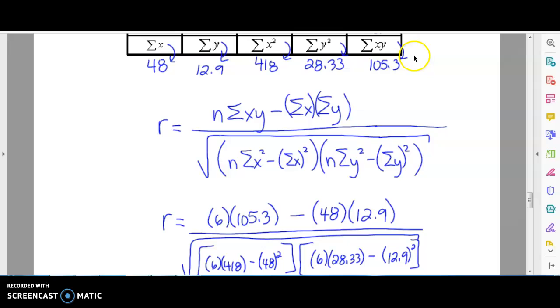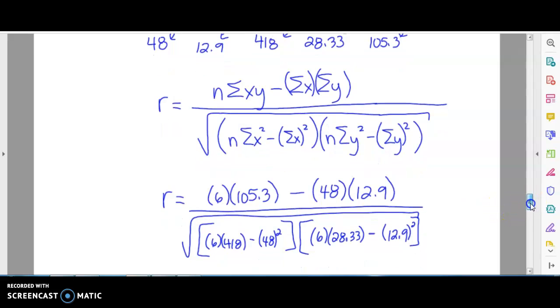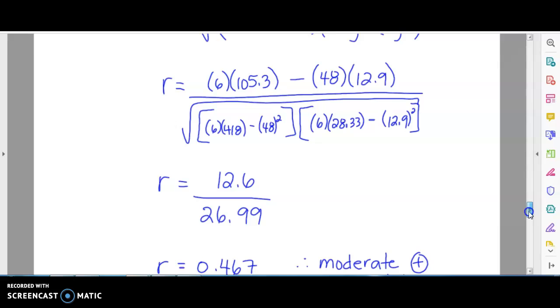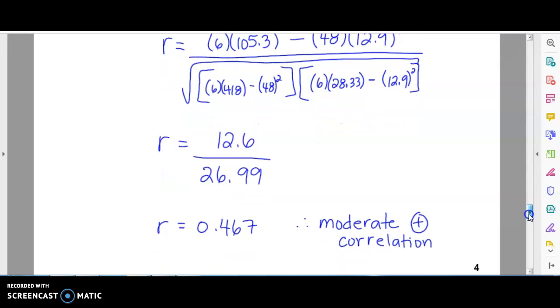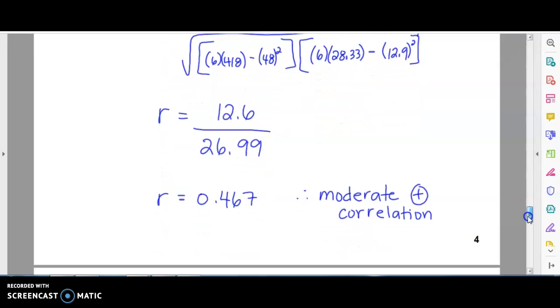So all of these numbers up here are what we plugged into our formula to get us to this step. At this point, you just let your calculator do all the work, and simplifying that, you get a coefficient value of 0.467. And it's positive 0.467, so it's a positive correlation.